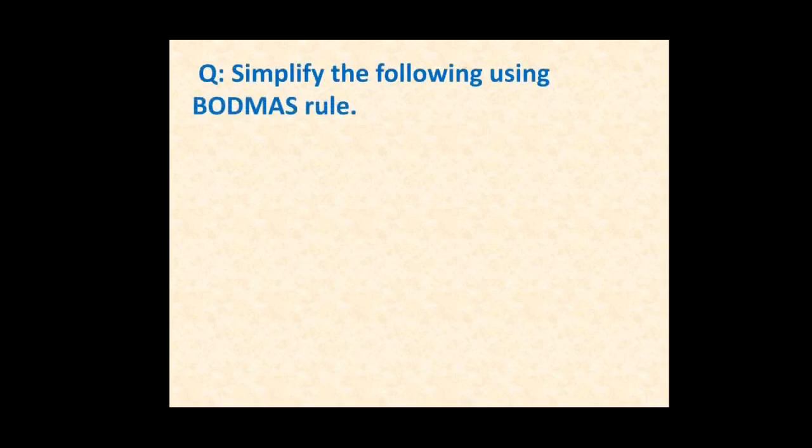Let us understand this with the help of a few examples. The first one is 21 minus 12 divided by 3 into 2. As we have to solve it according to the rule BODMAS, first we look for the brackets. As you can see, brackets are not there, of is also not there.